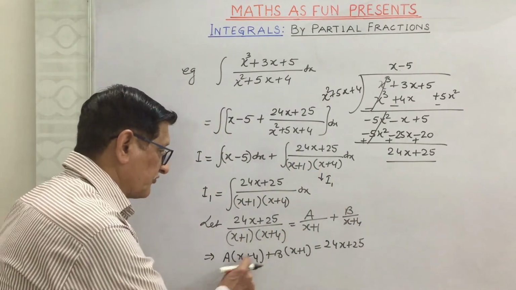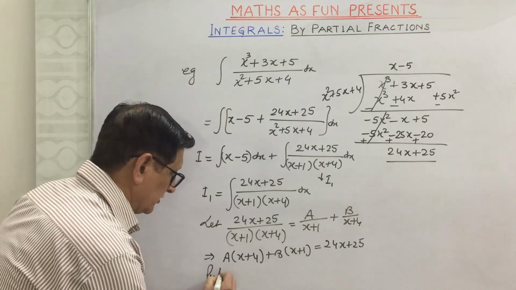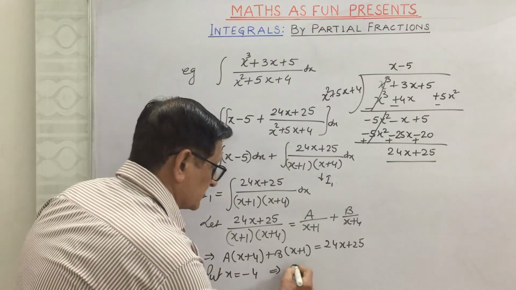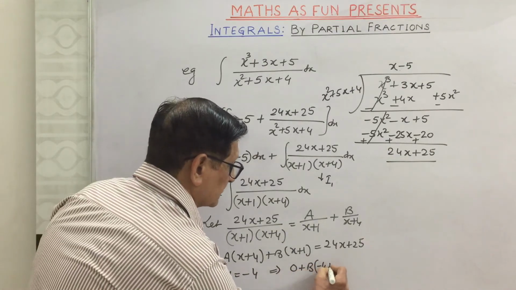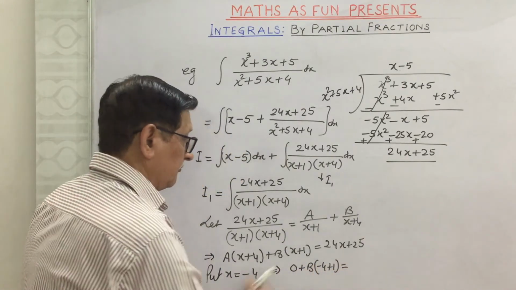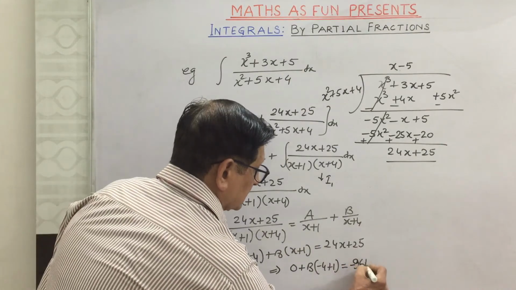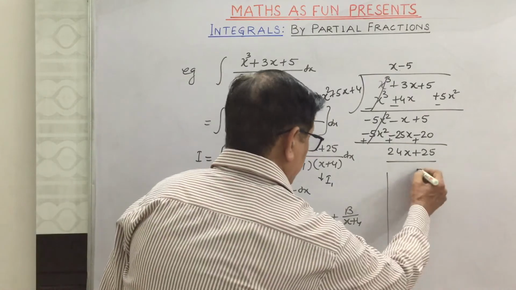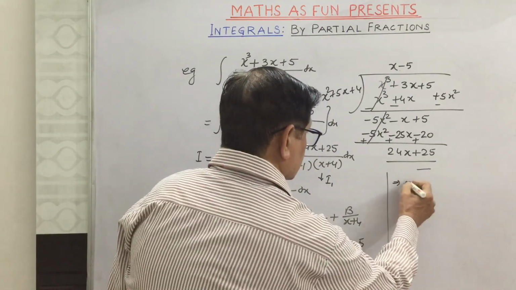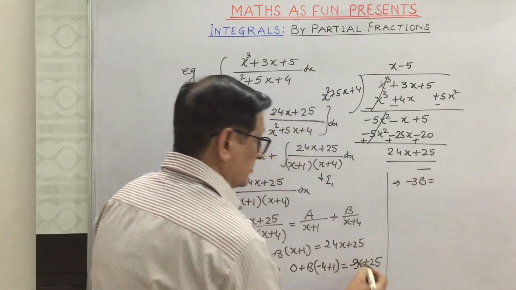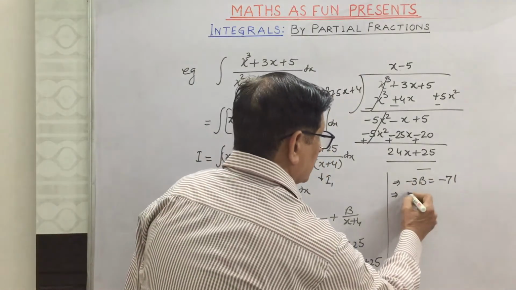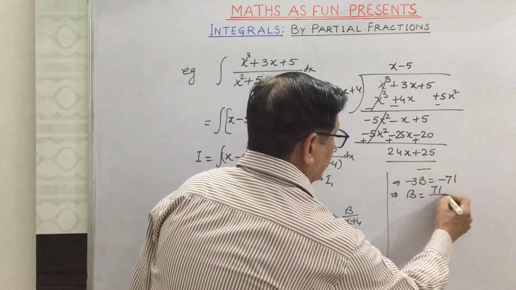To find the values of a and b, we substitute here, put x is equal to minus 4, which will imply this is 0, b into minus 4 plus 1 equal to minus 96 plus 25. It means we are getting here minus 3b is equal to minus 71. This gives us b is equal to 71 upon 3.